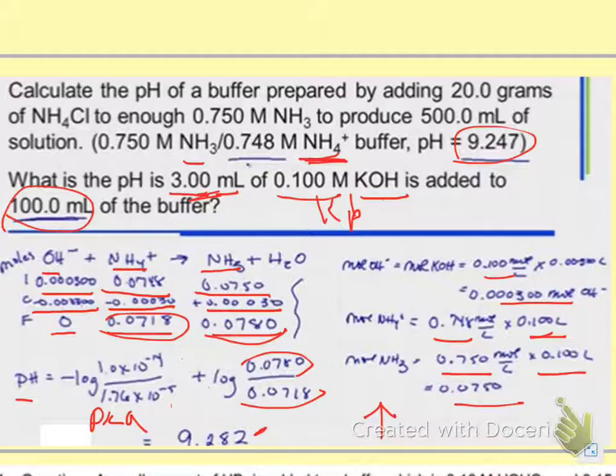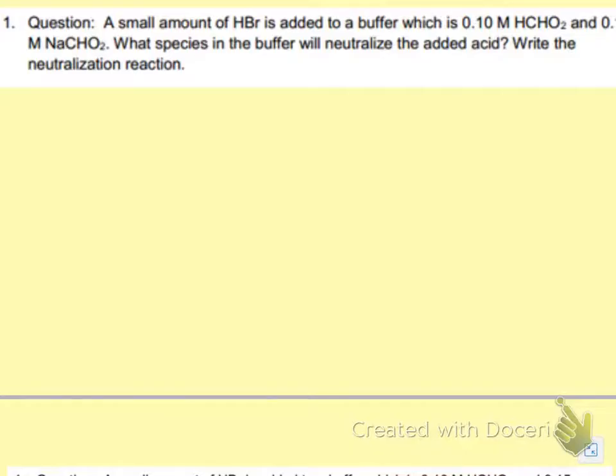Okay. All right. Let's take a quick look at a couple more things. So here I'm adding a small amount of HBr to a buffer, which is 0.15 molar of this acid and this salt. And the question is, what species in the buffer will neutralize the acid?